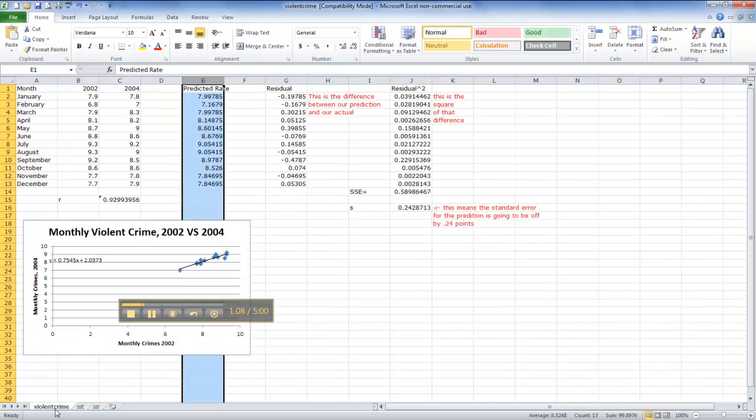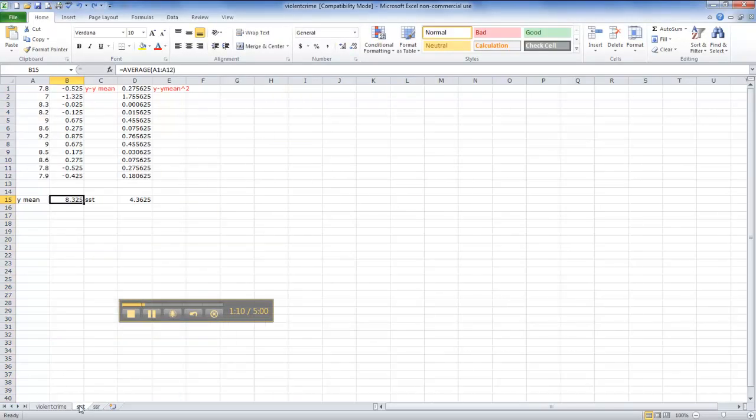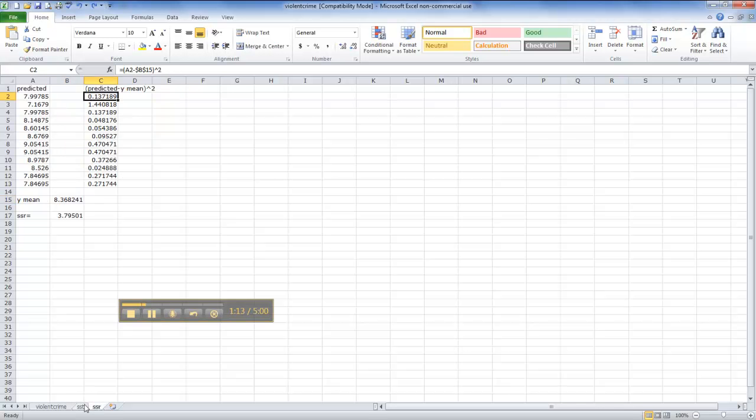This should just actually be my y mean, 8.325. All right, that changes the values a little bit. So what I did is I set Excel to equal the A column subtracted by the fixed B, and I put those in parentheses to square the whole value, and then dragged and dropped, and then summed it up. And that's our SSR.